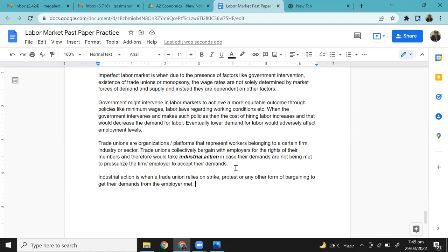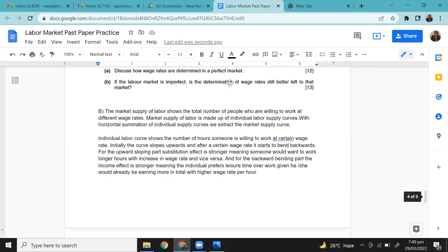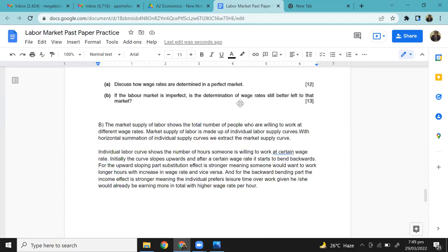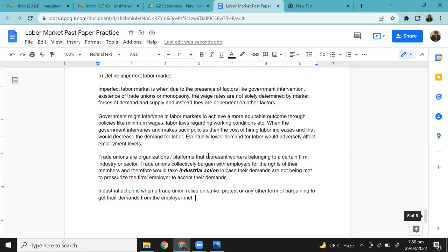Now, what happens in that case? Again, the problem with trade unions is that they increase the cost of labor. It becomes more expensive to hire labor because they're asking for higher wages, they're asking for better working conditions, and so on and so forth. Then what will that do?